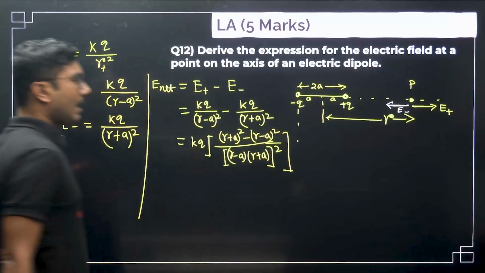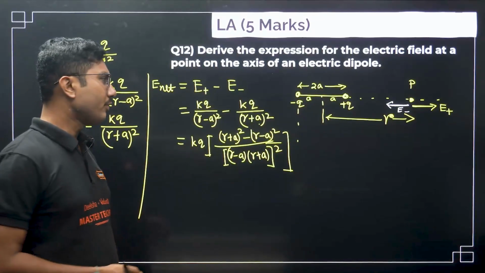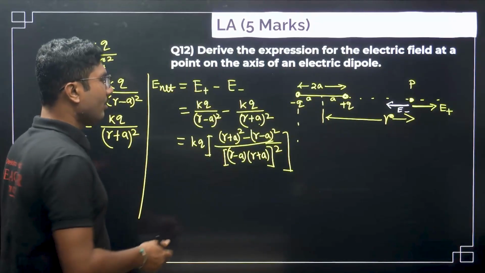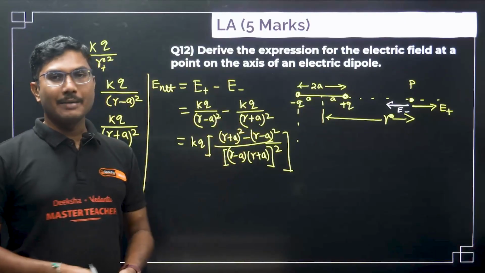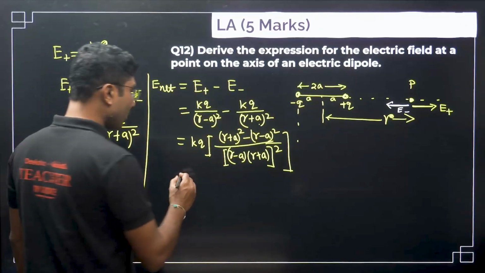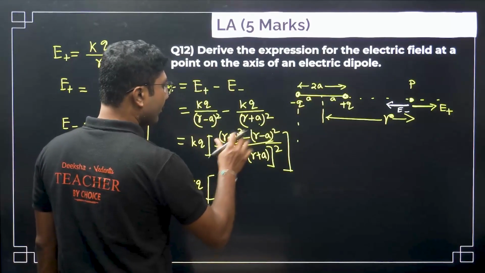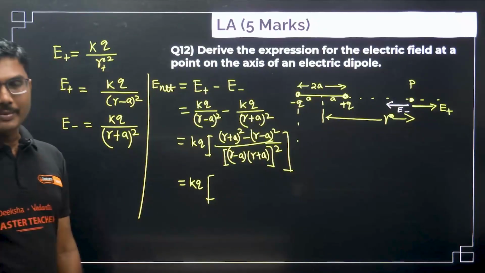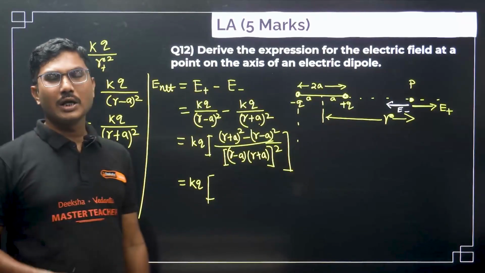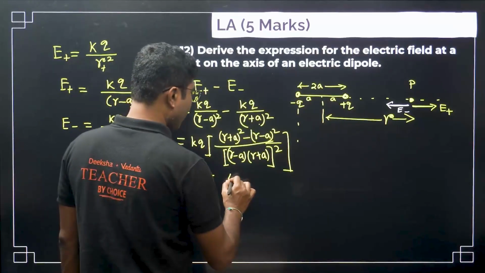Simple addition or subtraction of fractions, right? Now a plus b whole square minus a minus b whole square. There is a formula that you have studied. If you forget that formula, you can just break them apart and calculate it. Otherwise, a plus b whole square minus a minus b whole square is a formula which translates to 4ab.